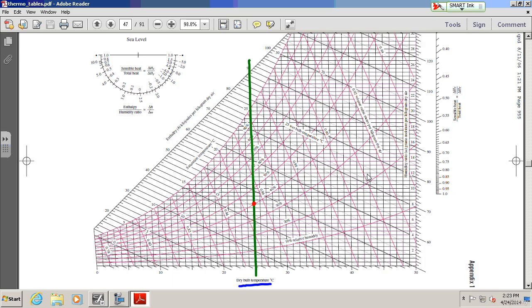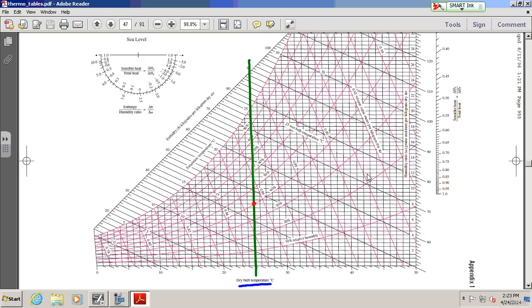So find where the 40% relative humidity curve crosses the 25 degrees Celsius vertical line. That's the point where we're at on the psychrometric chart. Okay. On my chart, it's like a purple curve that goes 40%.